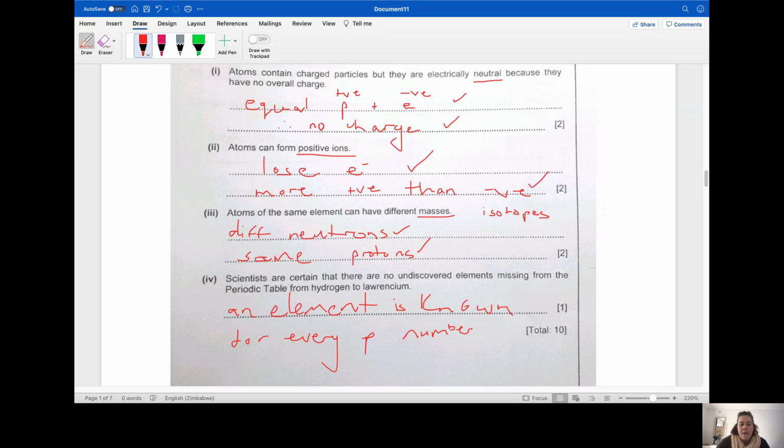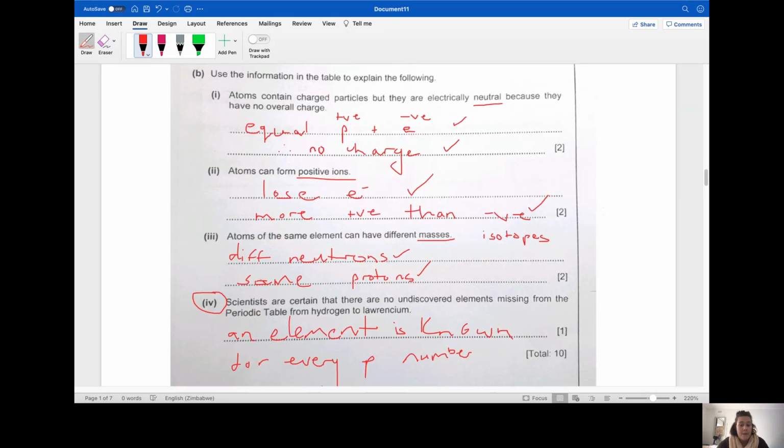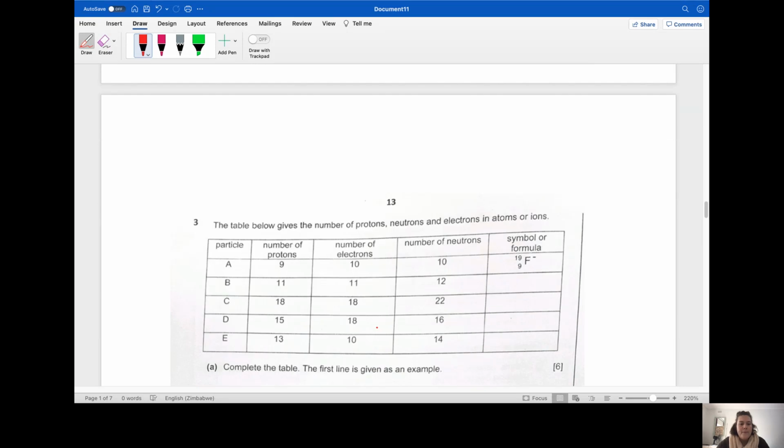Okay, so we know that there is an element from 1 to 118. All of those numbers are taken, so that must mean there's no other elements to discover. Okay, so again, this question here, question 4, was a little bit more extended. You had to think outside the box a little bit. The rest of the questions you should have been able to explain to me if you had learned well.